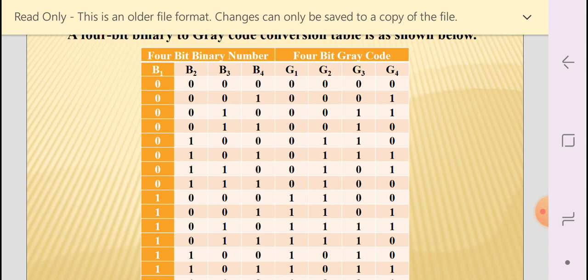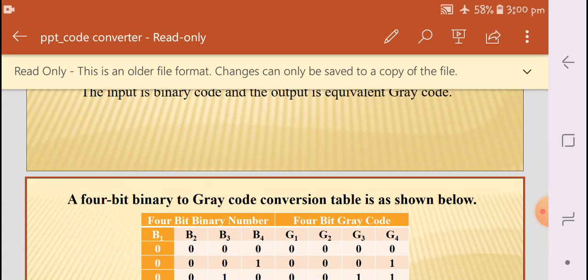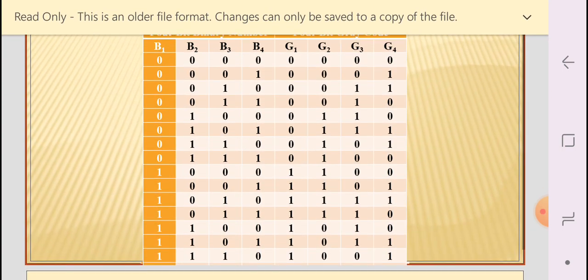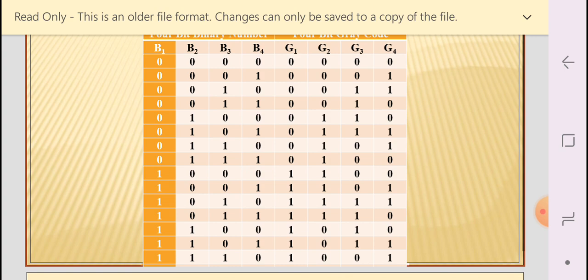B1, the MSB of the binary number, is equal to G1, the MSB of the gray code number. Look at this B1 column, these are all 0 0 0 0, and G1 has the same numbers.